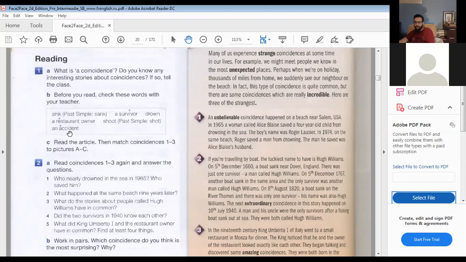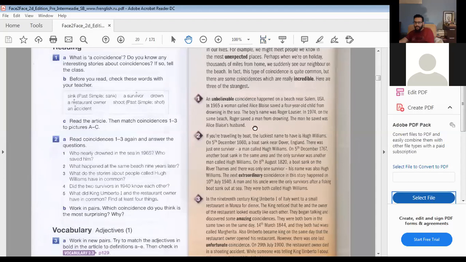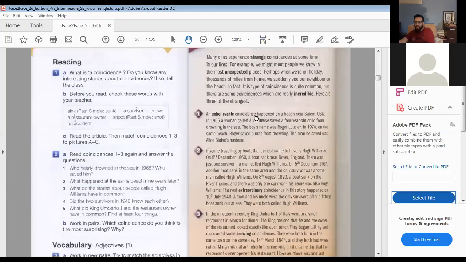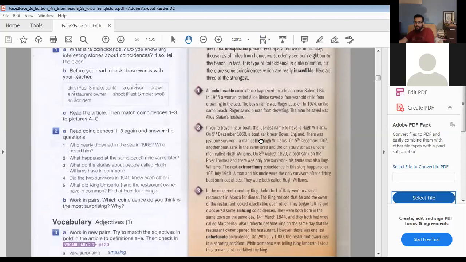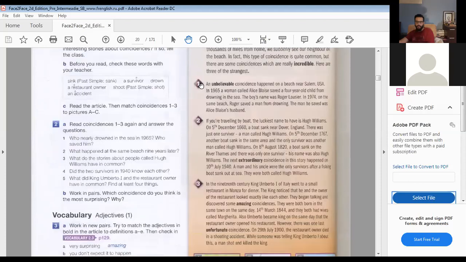Okay, so I'm going to zoom out a little bit so you can read this. Before you read, let me show you the question you need to do. It says read the article, then match the coincidences. So we have three stories, three coincidences, 1, 2, 3.